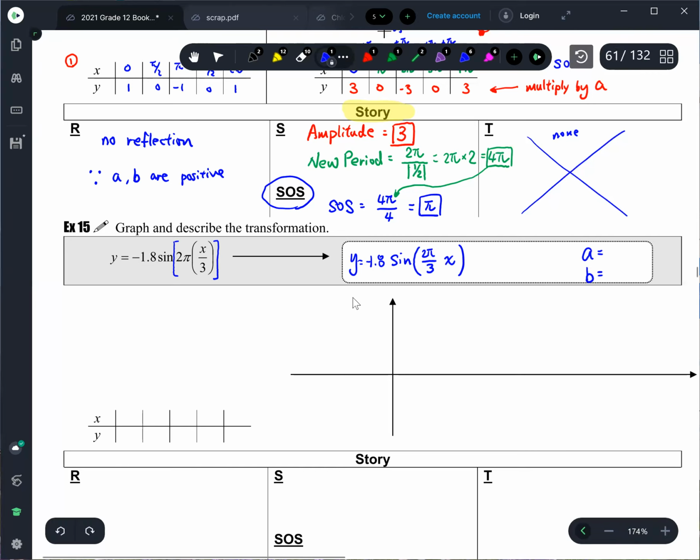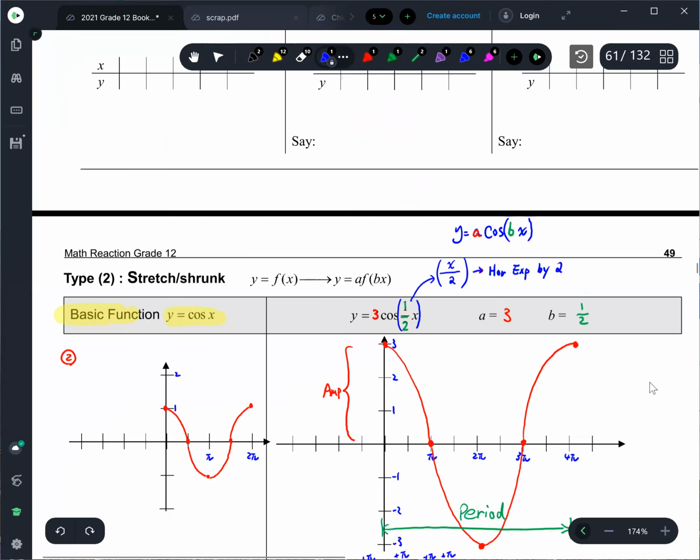Any questions here? Okay, please write down the values of A and B now and raise your hand.